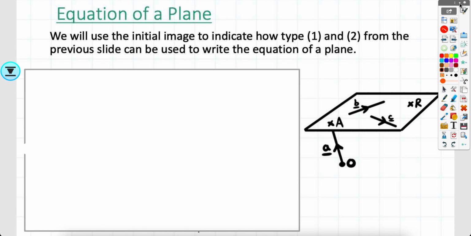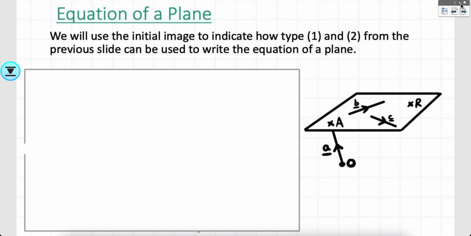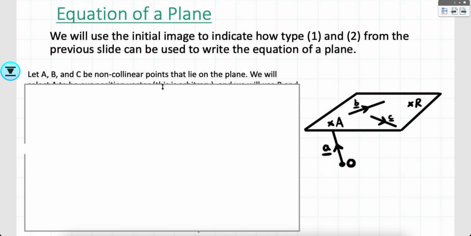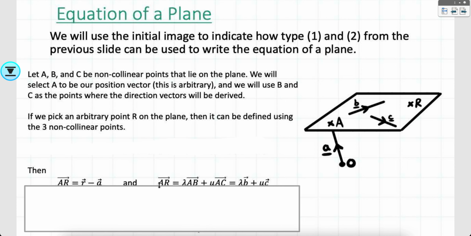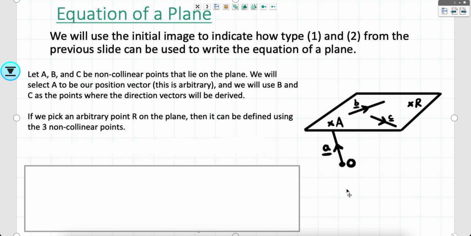So let's use the initial image. If I have this plane, you can see I have a position vector A here, and then A, B, and C are non-collinear, and we have points B and C. They're not on the diagram, but from those three non-collinear points, I'm going to pick A as my position vector. This is arbitrary.